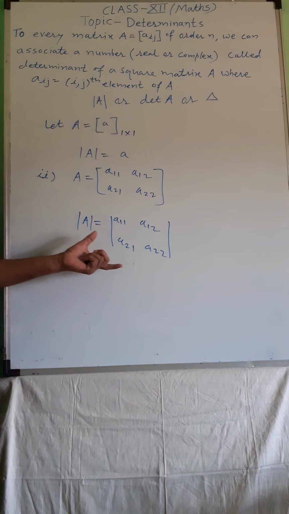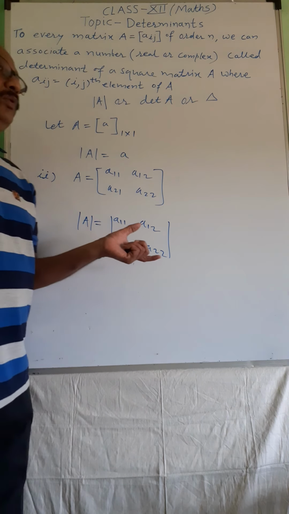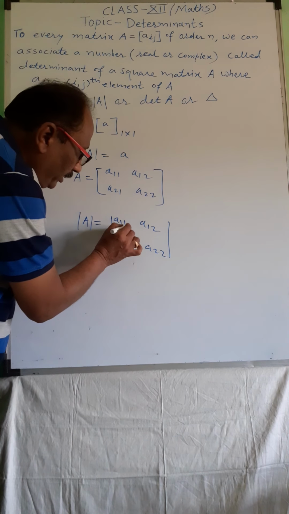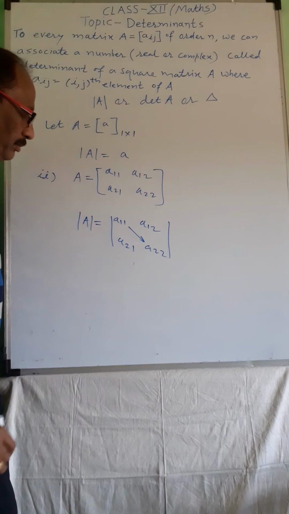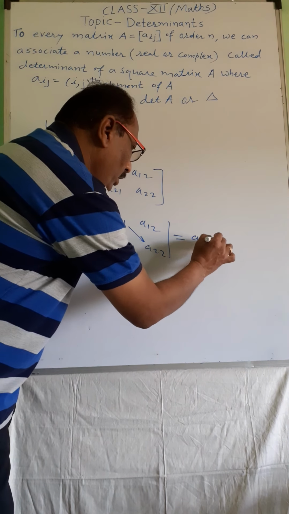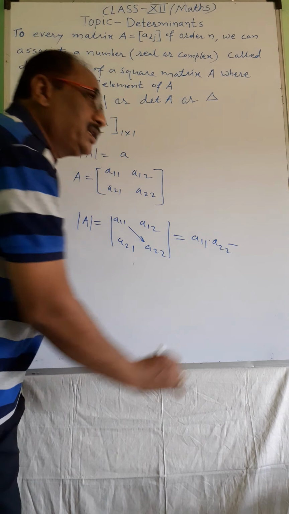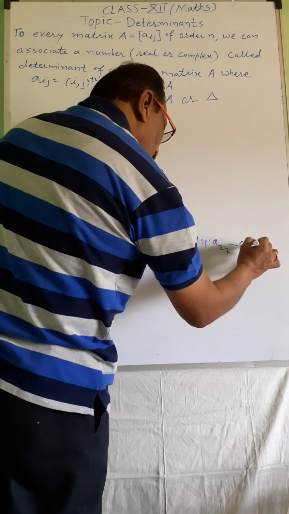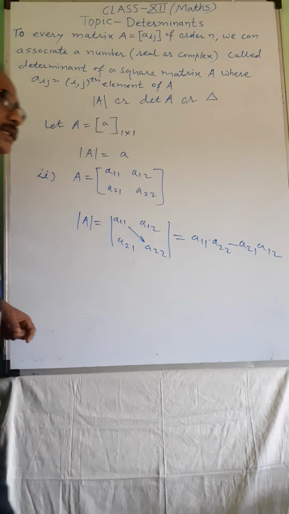To find the value of this determinant, you take the product A11 into A22 and subtract A21 into A12.